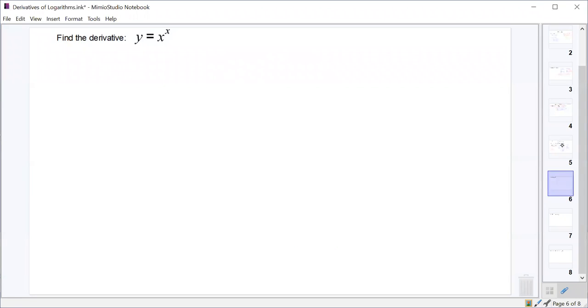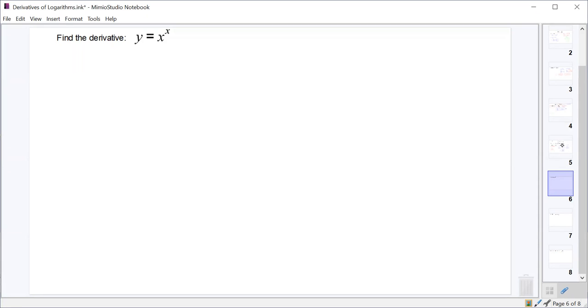Let's see if we can figure out a way to find a derivative of x to the x. So we've had two different types of rules for things that were something to a power. One was the power rule for a variable to a numeric power.